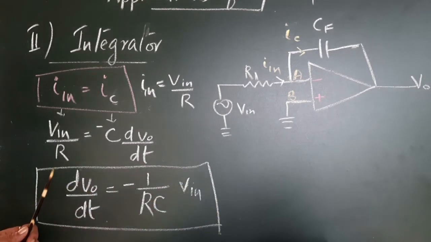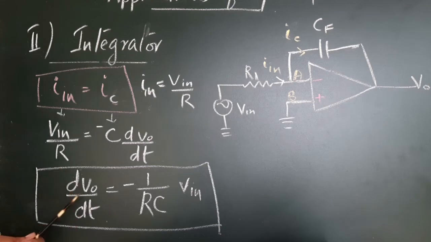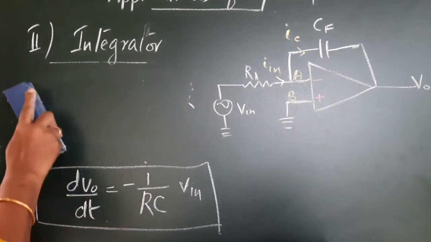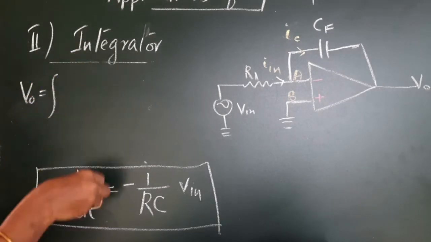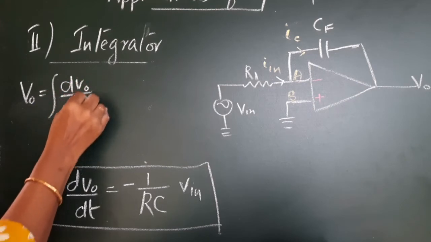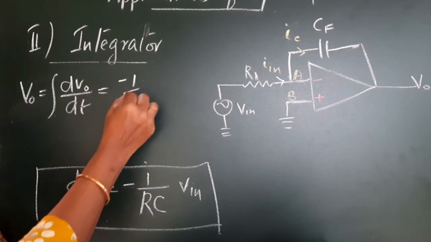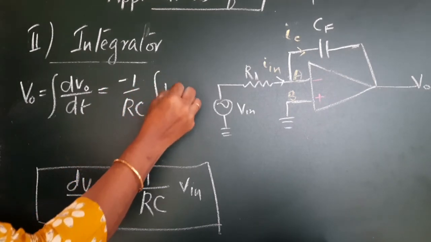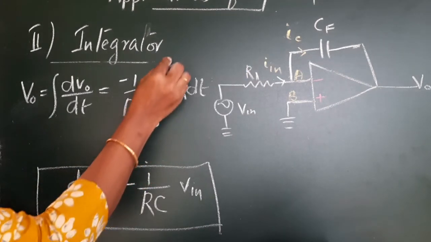You can see that the rate of change of output voltage is equal to minus 1 by RC Vin. So let us integrate this equation and get an expression for Vout. So Vout is equal to the integral of dV0 by dt, and that will be equal to minus 1 by RC integral of Vin dt, the limit being 0 to t.